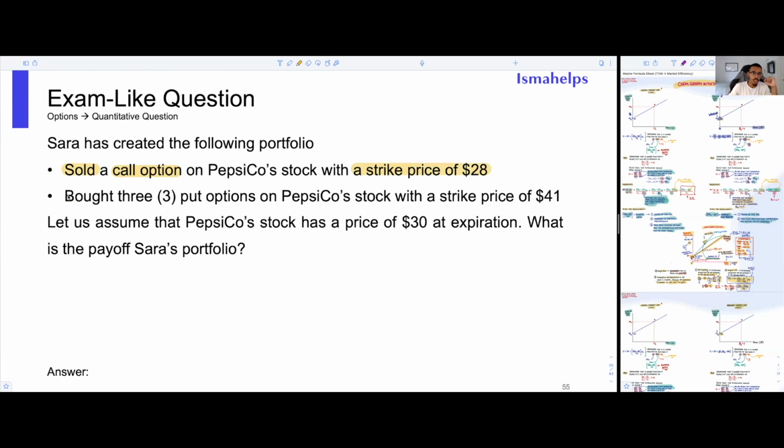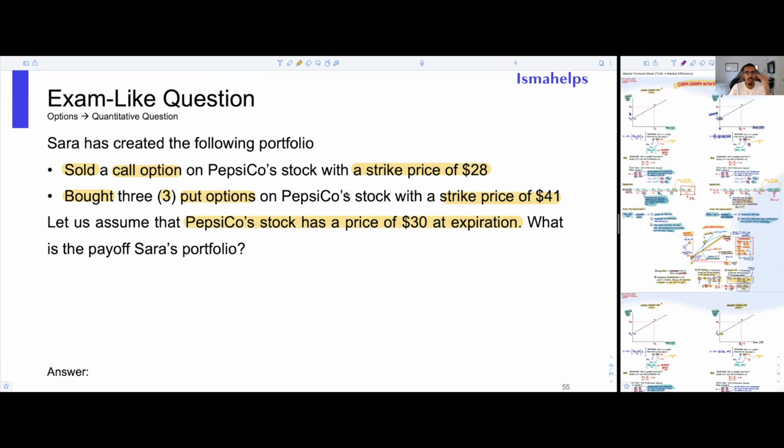Then she also purchased three put options on PepsiCo with a strike price of $41 each. Let us also assume that PepsiCo has a price of $30 at expiration. This will be the price of PepsiCo when these two positions expire.